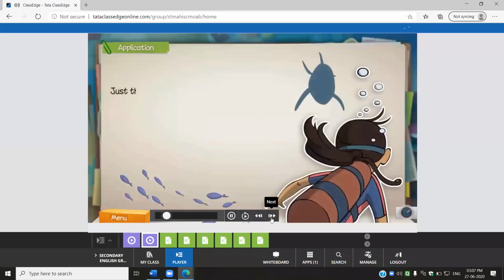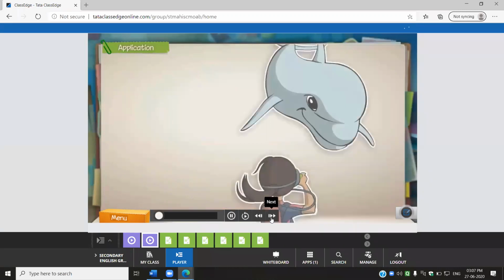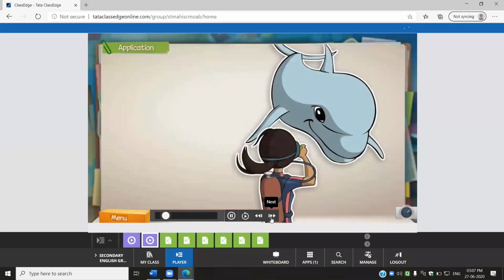Just then, Sarah caught sight of a very big fish swimming towards her. The fish came closer and closer. It was a dolphin. The dolphin swam around Sarah while she took photographs.